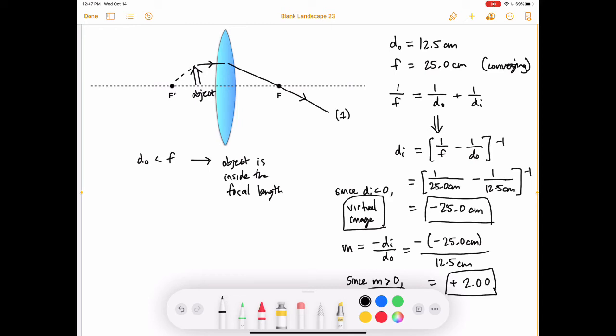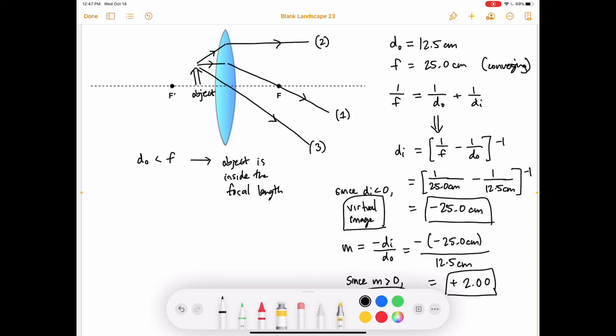We're going to draw a ray that goes through that focal point if we actually trace it back, so like this. And then after going through the lens, goes parallel to the optical axis. So that would be ray number 2. Okay? And then finally, ray number 3, as usual, just goes straight through the center of the lens without changing direction. So there's ray number 3.